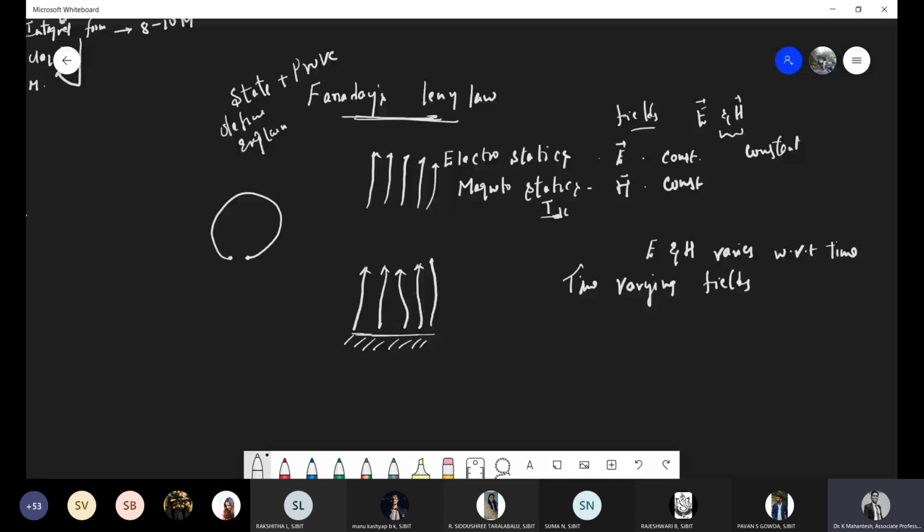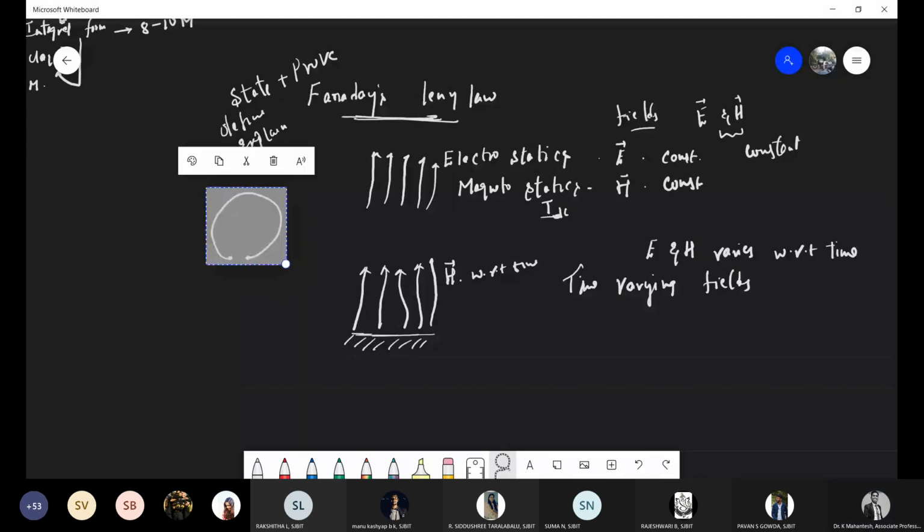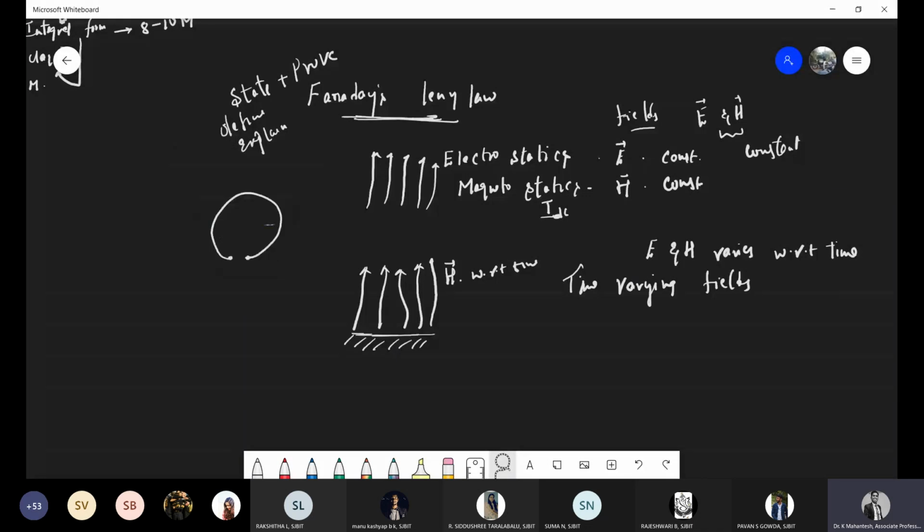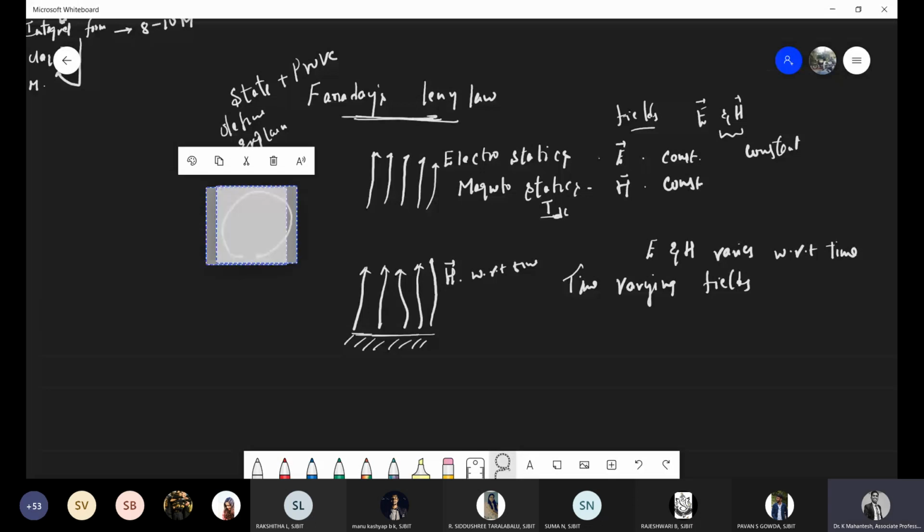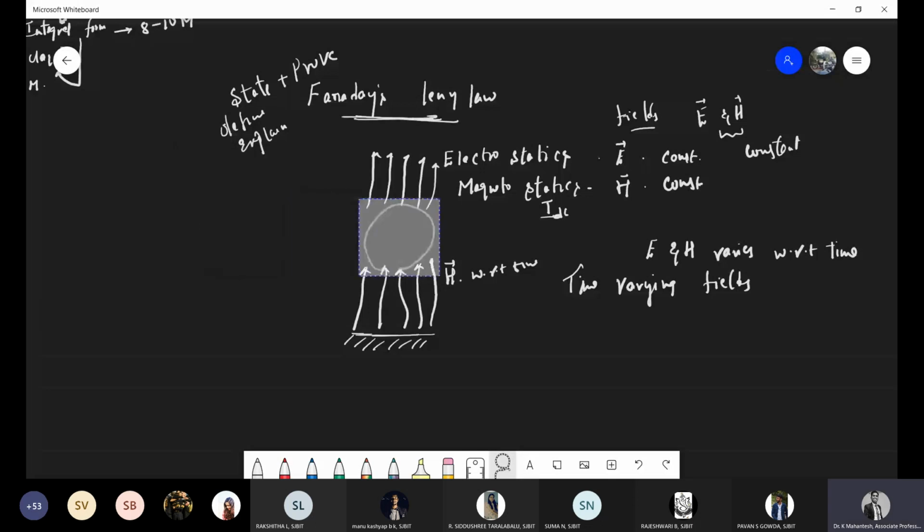This is a varying magnetic field H. H is varying with respect to time. Now, if I get this closed path into this varying magnetic field, I repeat, if I get this into this varying magnetic field, okay, so what happens?